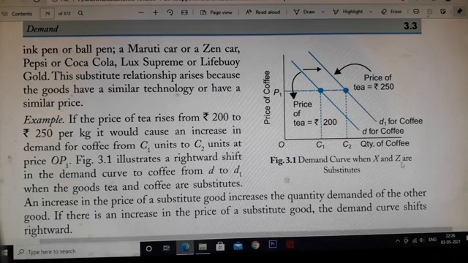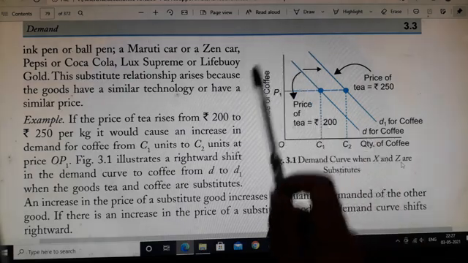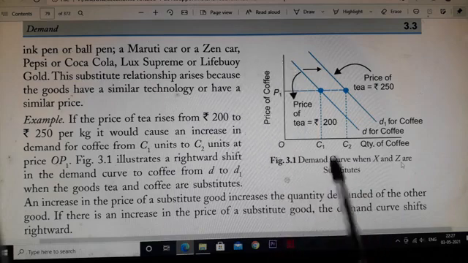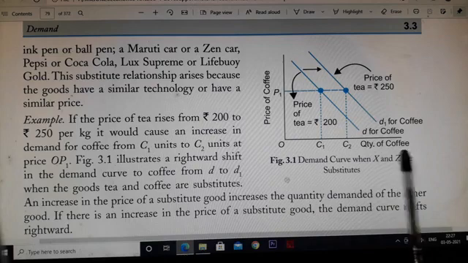So यो diagram मा हामीले के हेर्दैछ, this diagram is giving us the representation of the amount of coffee we are demanding in the market and the price of the coffee that is there in the market. At a particular price we demand how much coffee. On the y axis we are measuring the price of the coffee, and on the x axis we are measuring the quantity demanded of coffee.